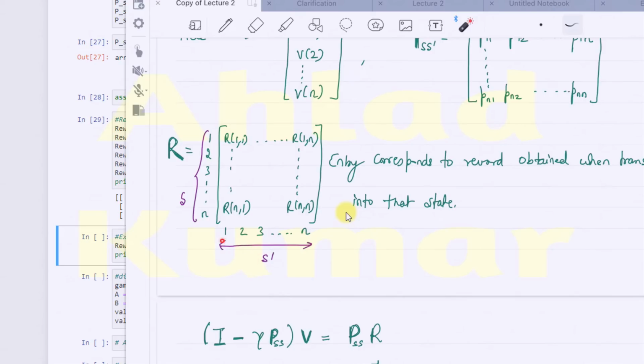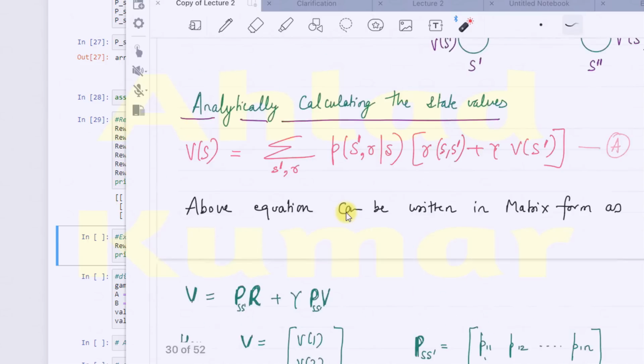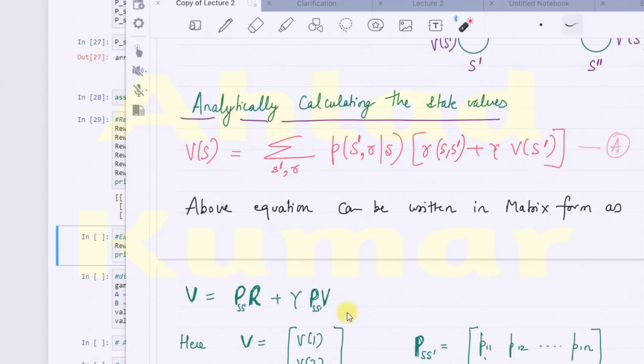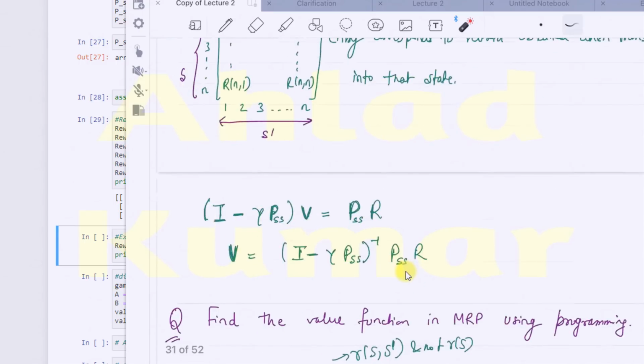So we are summing up along S prime in order to implement this equation which is over here. That's why we are summing up along the columns, which is given over here. Here axis equal to 1 is doing that. Then we will be printing the expected reward. This is basically your expected reward.